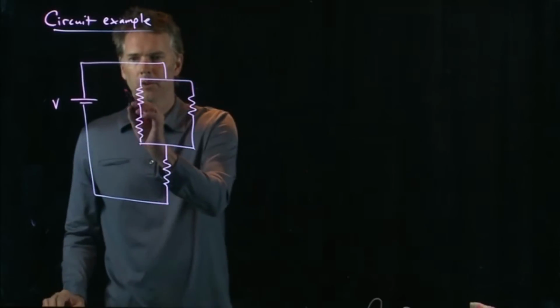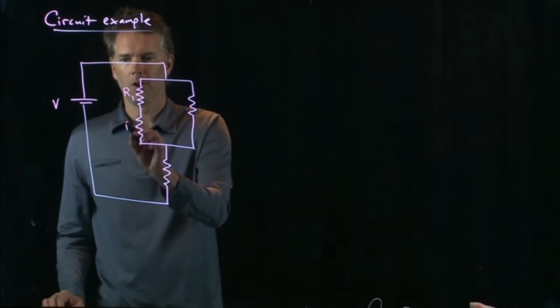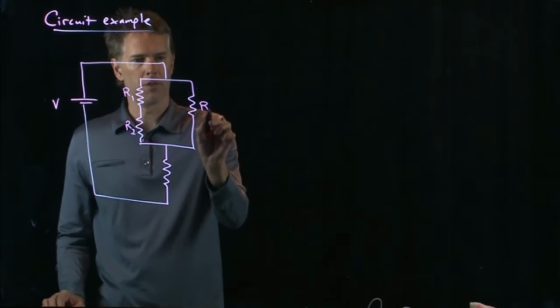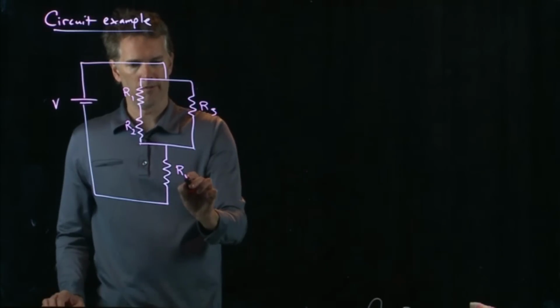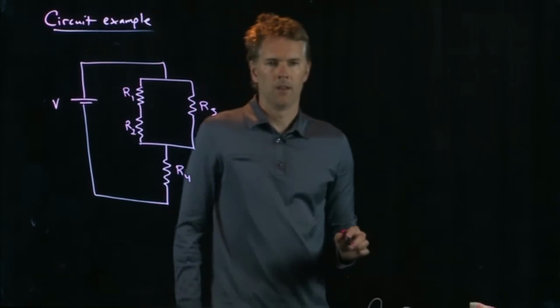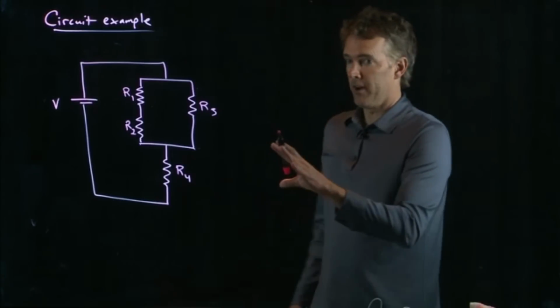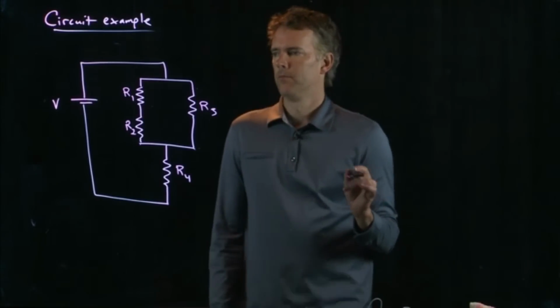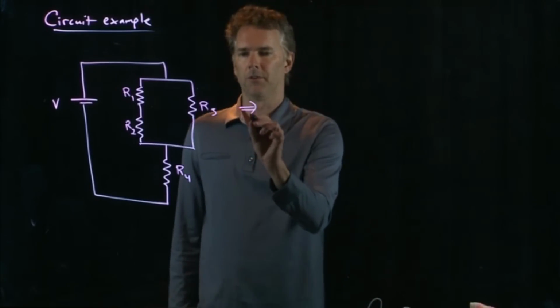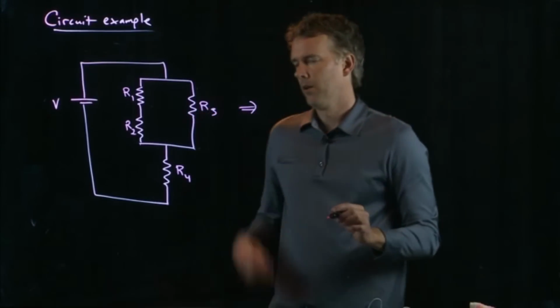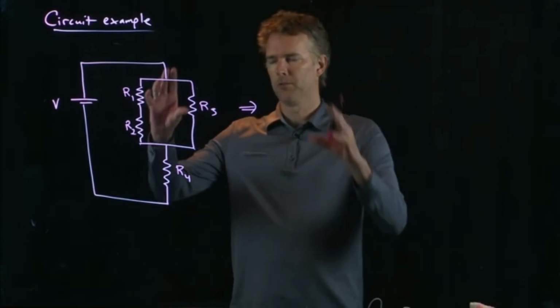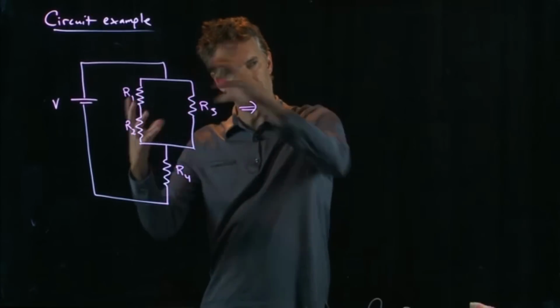And now let's label these things R1, R2, R3, and R4. And let's see if we can simplify this to our simple circuit. So the first step is to start in the innards and then work your way out.